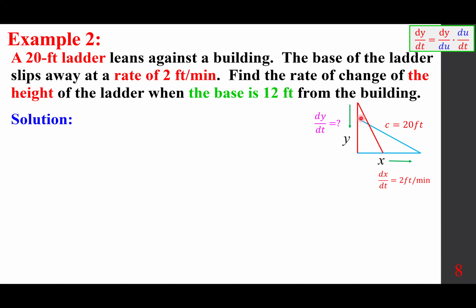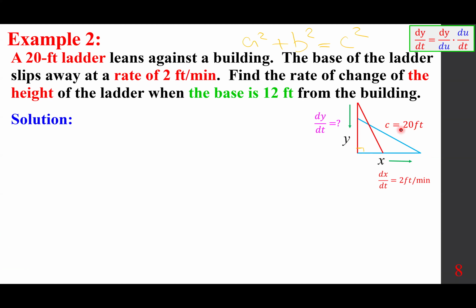First, I'm going to remind you, this is a right triangle. The Pythagorean theorem says a squared plus b squared equals c squared. This is a right triangle. So for this it would be x squared plus y squared equals c squared, which is 20 squared.